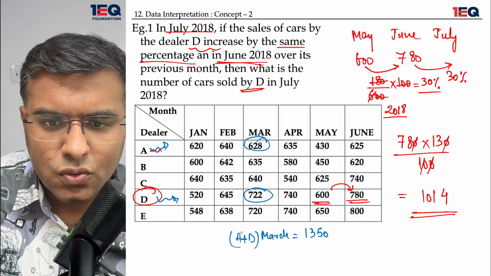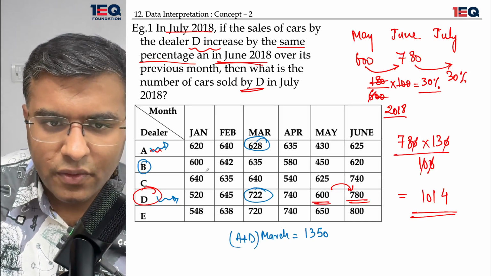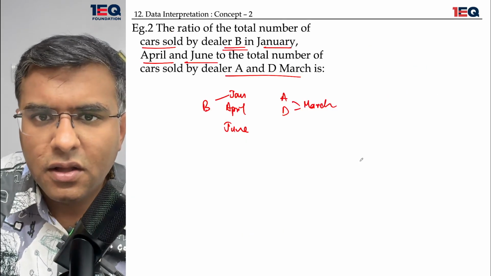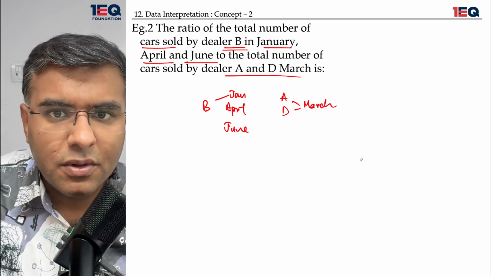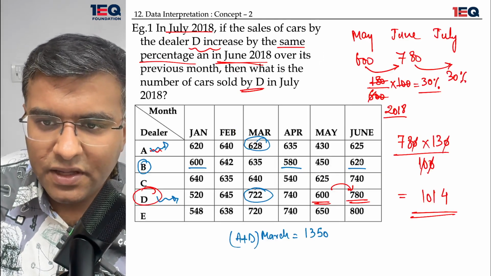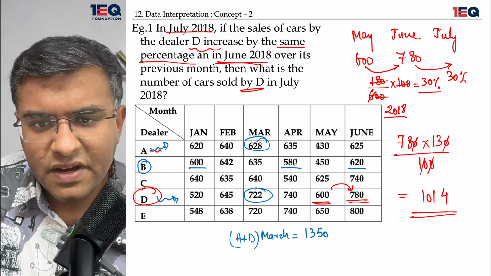Jan, April, June for B. Jan, April, June, right? You have to check it multiple times, okay? Jan, April, and June for B. 600 plus 580 plus 620. 600 is 1200. 1200 plus 500 is 1700.